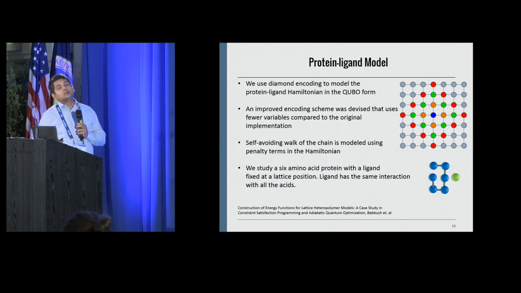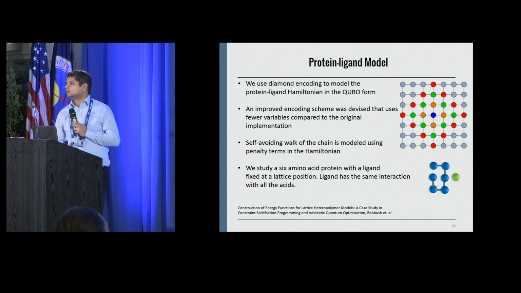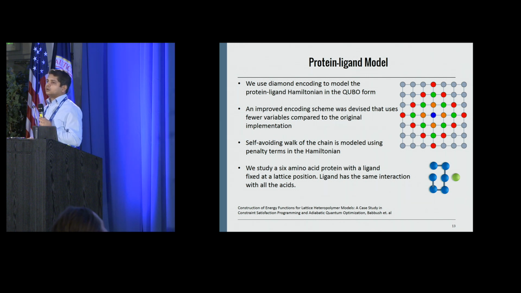In this case, we are using a diamond encoding. The diamond encoding in its original implementation takes a lot of qubits, but it has nice features: it has only two-order terms, and you don't need to do any kind of higher-order reductions there.